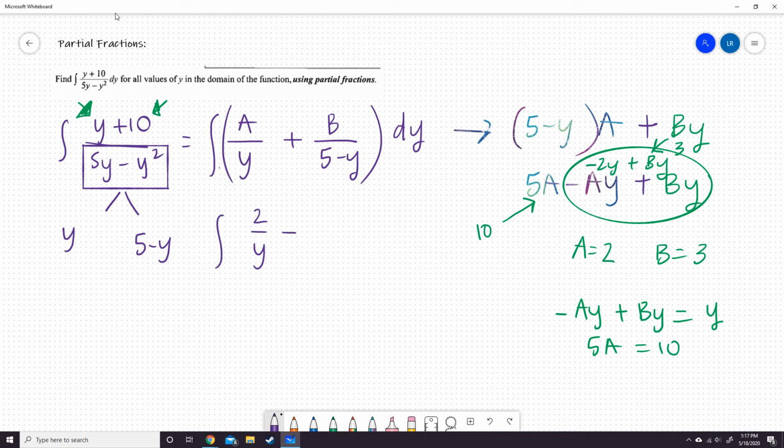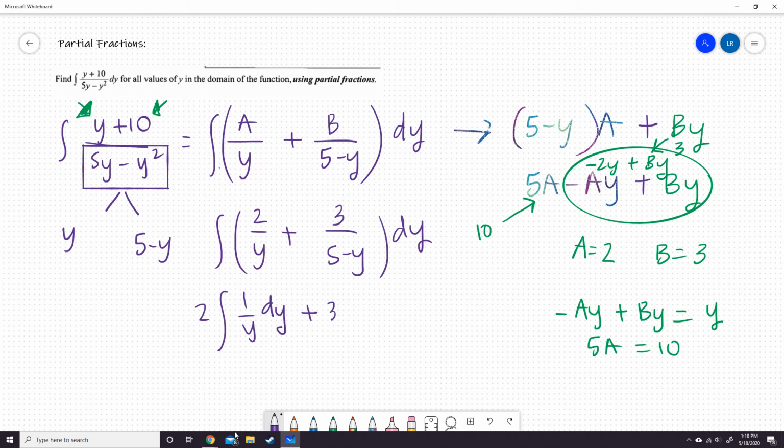The integral of 2 over y plus 3 over (5 - y) dy. Well, look at this. I could rewrite that with the 2 out front, and I'd have 1 over y dy. I could rewrite this with the 3 out front, and I would have 1 over (5 - y) dy.